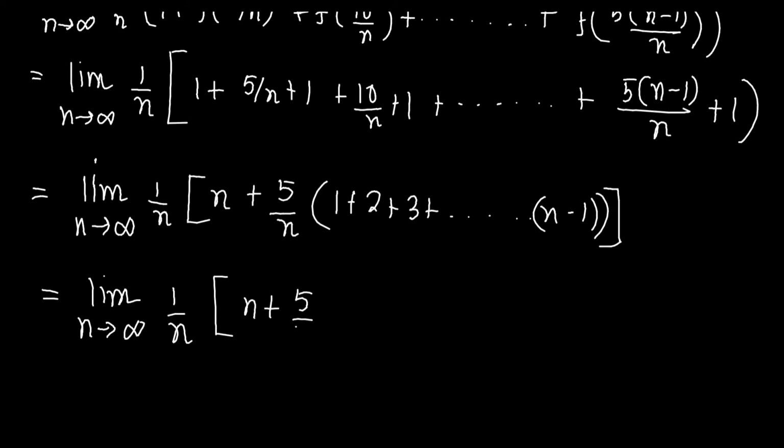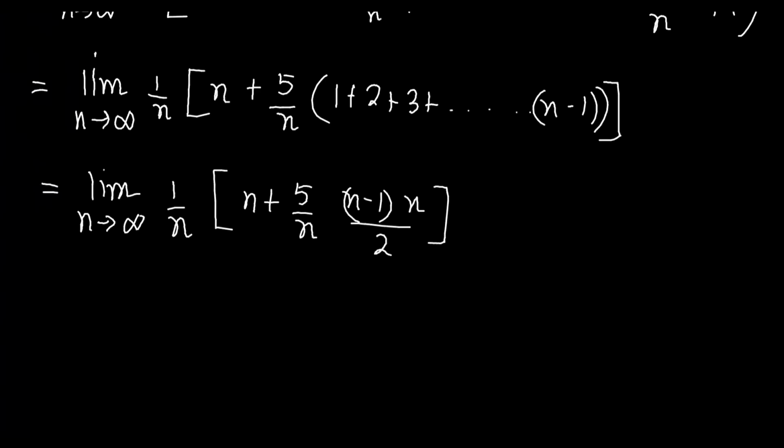So we know that it is limit n tending to infinity 1 by n into n plus 5 by n into, now what is the summation from 1 to n minus 1 terms? We know the summation of 1 plus 2 plus 3 up to n is n into n plus 1 by 2. So the summation of 1 plus 2 plus 3 up to n minus 1 will be n minus 1 into n minus 1 plus 1 by 2. So that is n minus 1 into n by 2.